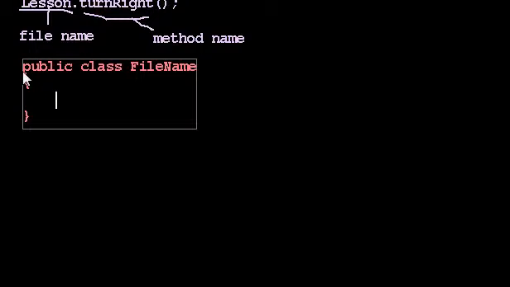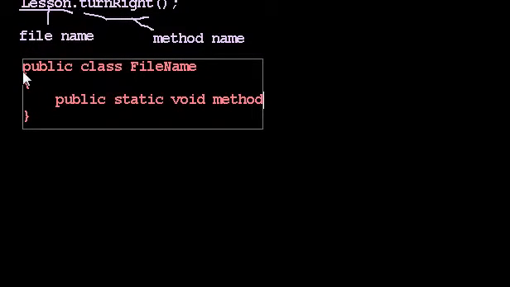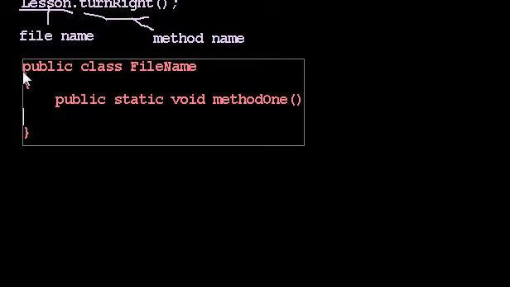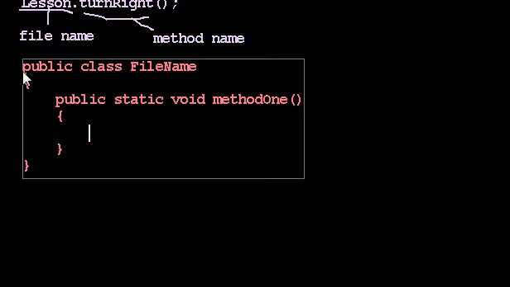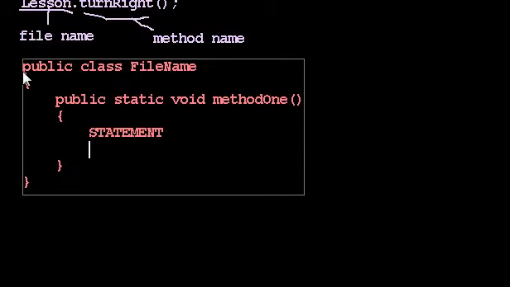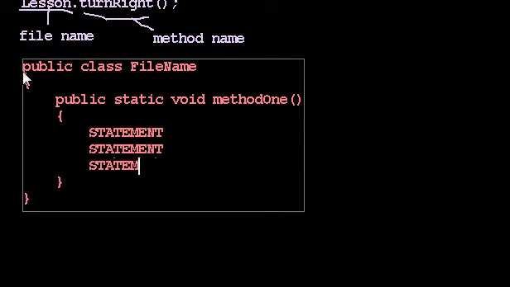And inside that file, we're going to declare methods. So for example, we'll declare turn right, or let's just say method 1. And inside of method 1, I might declare some statements, some calls to other methods. It turns out there are many kinds of statements out there, only one of which is a method call.